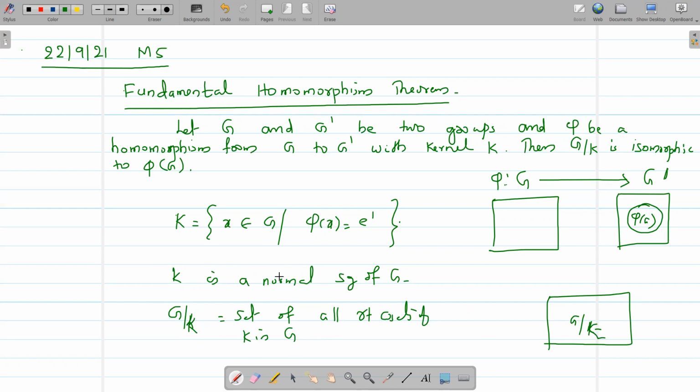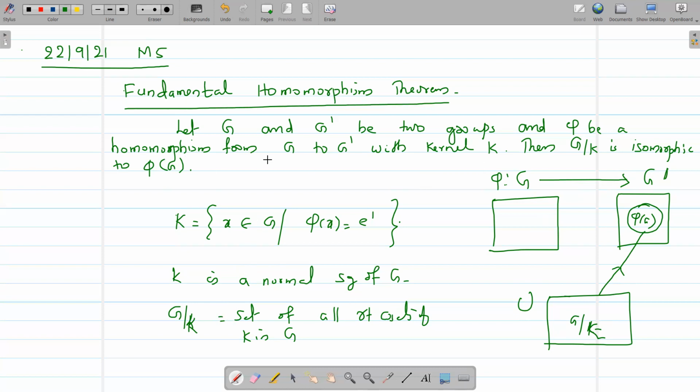Now the fundamental homomorphism theorem says that if these are the conditions, then this G by K is isomorphic to phi of G. So in order to prove this theorem, we need to produce an isomorphism from G by K to phi of G. Okay, we use these conditions.